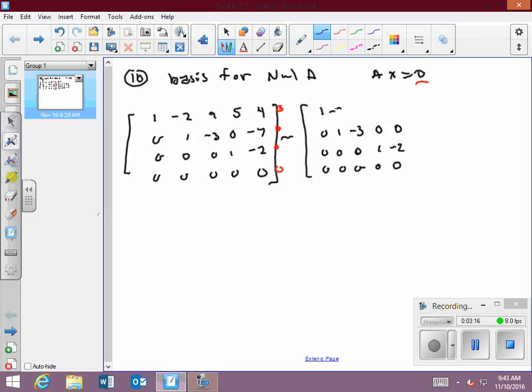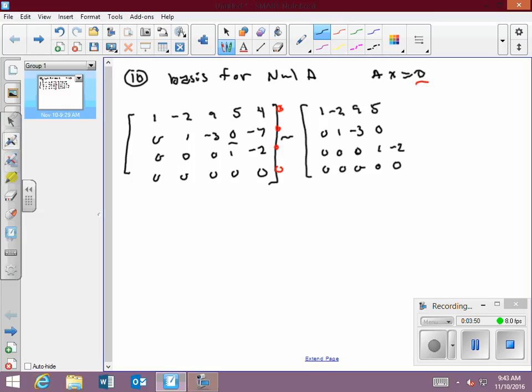One, minus 2, 9. And now I have got to multiply that by, I need to think about this. I did this wrong because there's a 0 right here. I don't multiply anything by this 1 to eliminate anything up there.